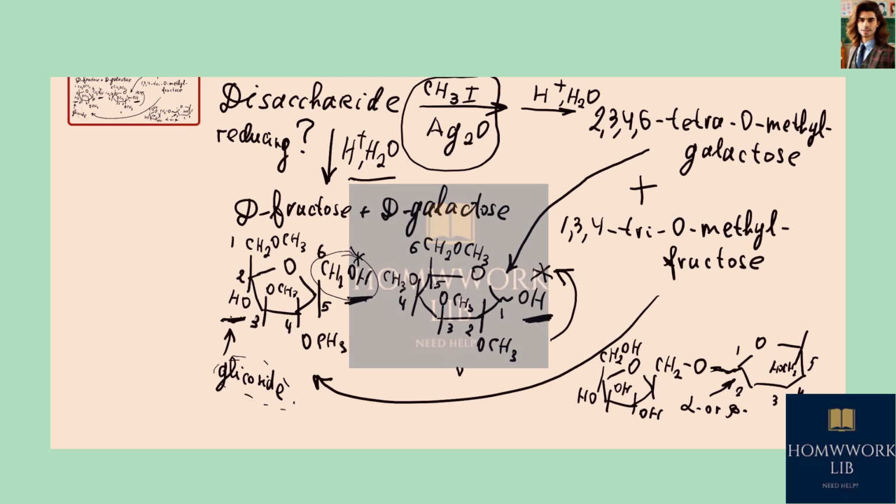At carbon 2, we flip up. At carbon 3, we flip down. At carbon 4, it's down. And at carbon 5, it's down. So here's the structure of the disaccharide in question.